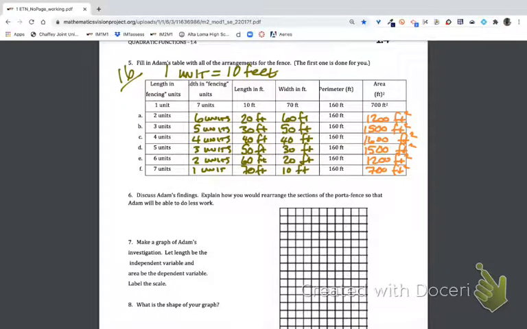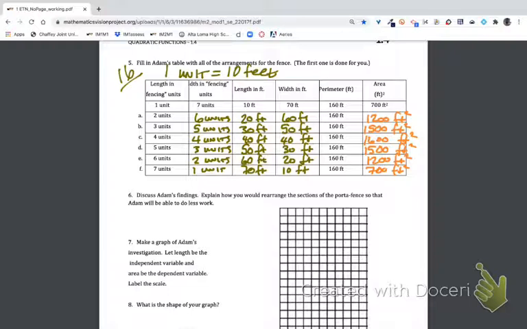So to discuss Adam's findings, explain how you'd arrange the sections of the portafence so that Adam will be able to do less work. We're trying to make it so that the horses can graze on the most amount of field as possible. Well, if that's the case, then what he should be trying to do is optimize the fences that he's using.